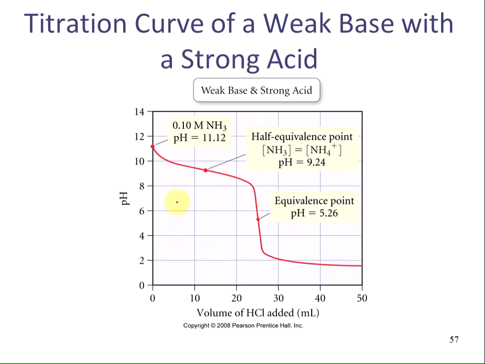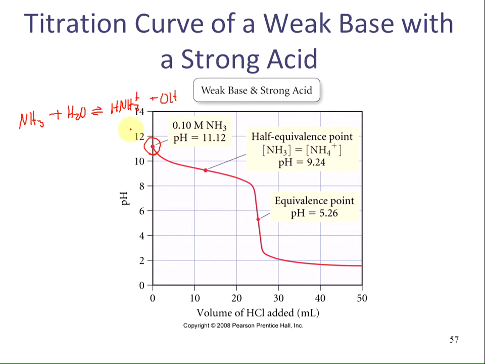So again, remember when no HCl is added, this is a type 1 calculation. This type 1 calculation is only done once because remember this is a weak base. So you have the NH3 plus the water, and it establishes an equilibrium to make the protonated NH3, so that's the ammonium ion and the hydroxide.